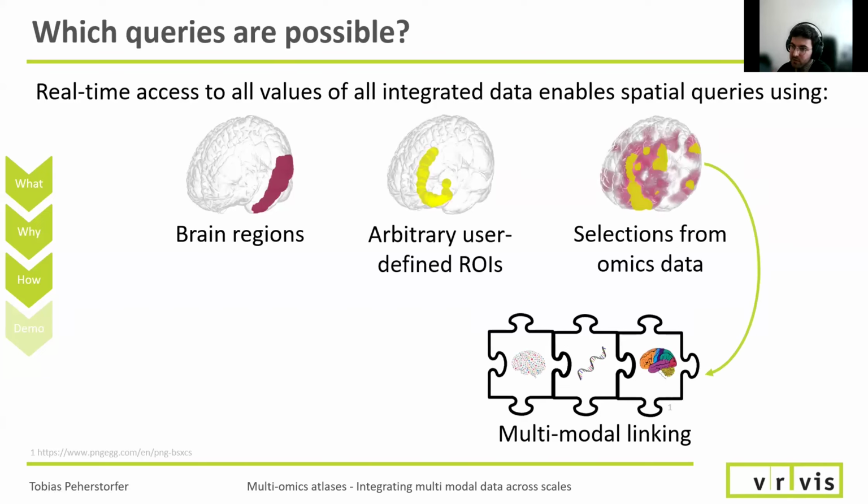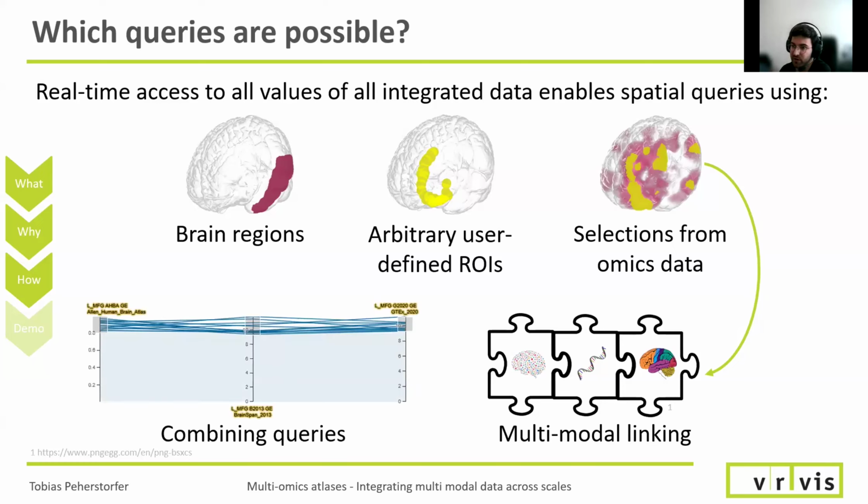So we can even make the connection between different omic data types via these spatial queries. And that is really the beauty of a reference atlas, because you can use space to connect different types of data. By combining this with some visual analytics methods, you can ask quite detailed questions to your data, which is what I'm going to show you next.